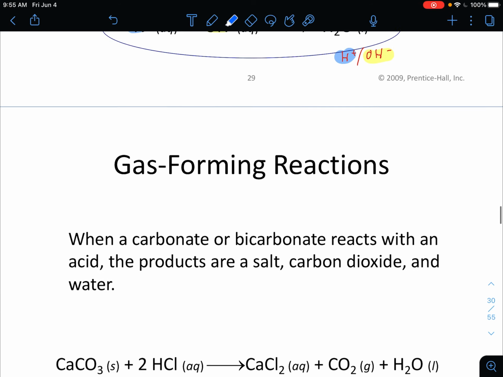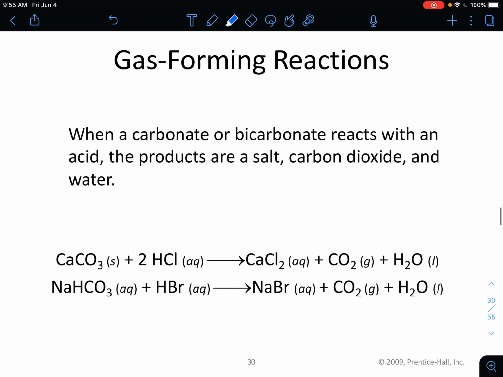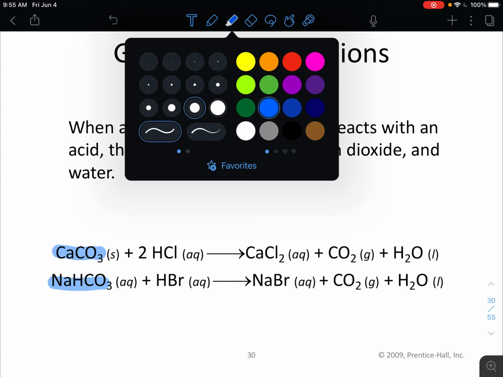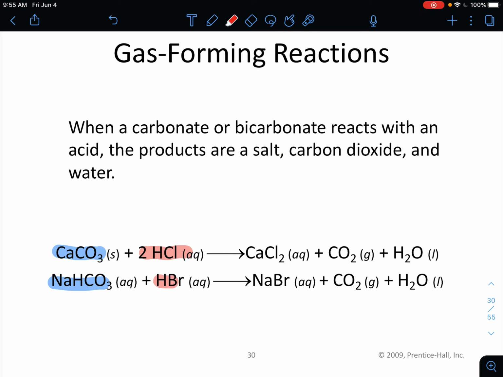One other thing to note, I think we mentioned this a little bit earlier, but when we think about these gas-forming reactions, these are still acid-base reactions, right? We're still observing an acid and a base reacting, but we're going to have acid-base reactions that are also gas-forming reactions.